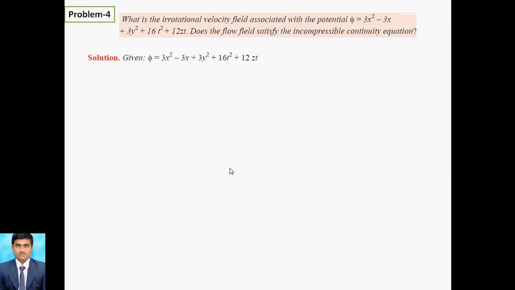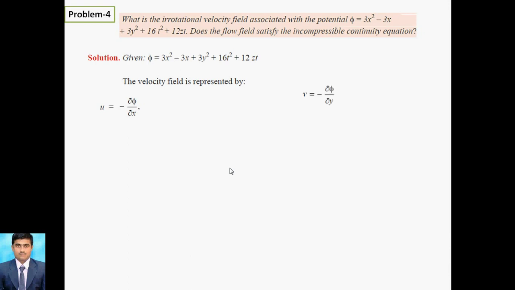First of all, we take the φ equation, that is 3x² minus 3x plus 3y² plus 16t² plus 12zt. If you take it with respect to x, that means u is equal to minus ∂φ/∂x.